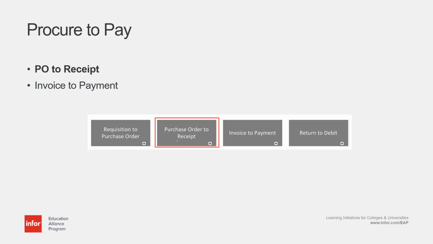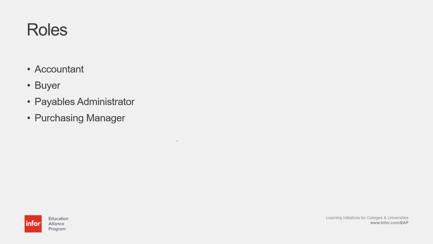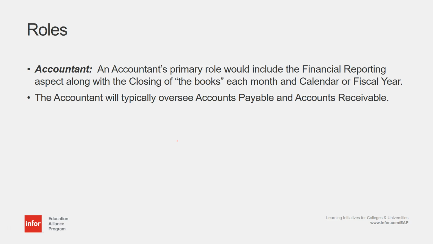Today we're going to focus on purchase order to receipt. There are certain roles that will be associated with these business processes. The accountant, of course, will manage the financial reporting, the closing of the books at the end of the month, end of the fiscal year.